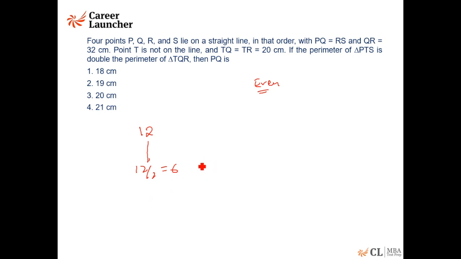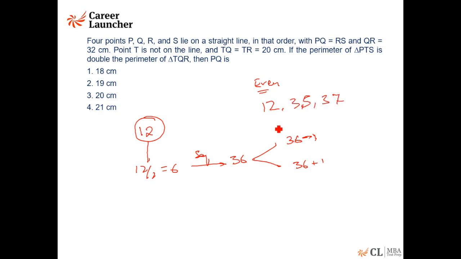Next step, square it, so 6 square is 36. So the other two sides will be, one side is 12, the other two sides will be 36 minus 1 and 36 plus 1. So all I am saying is 12, 35 and 37 is a Pythagorean triplet.